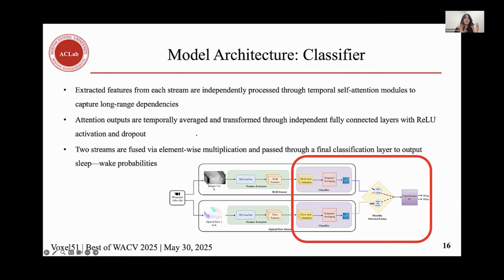And then those extracted features from each stream are each independently processed through a temporal self-attention module to capture longer range dependencies between both the RGB and flow features across the time dimension. And then the 2 streams of information are fused and passed through a final classification layer to output the sleep and wake probabilities for this clip.